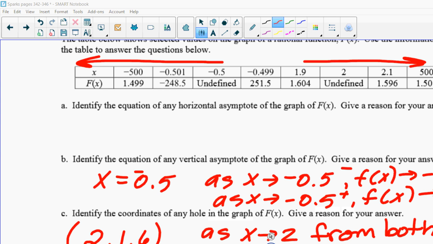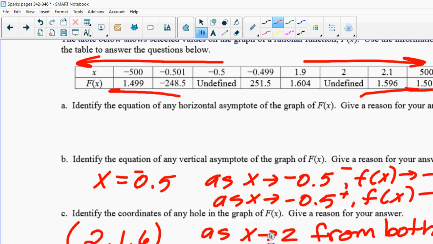What are your y values doing as x is getting farther and farther to the ends? Well, the x's are. What are the y's doing? They're approaching 1.5, aren't they? Same number on both ends.